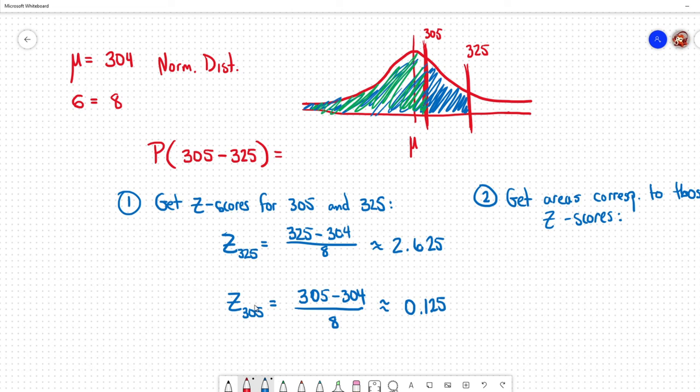So I'm going to start with everything less than 325. So probability that we are less than 325. So that's this z-score here. So it's a positive 2.625. All right, so I'm going to go ahead and look that up on my table.